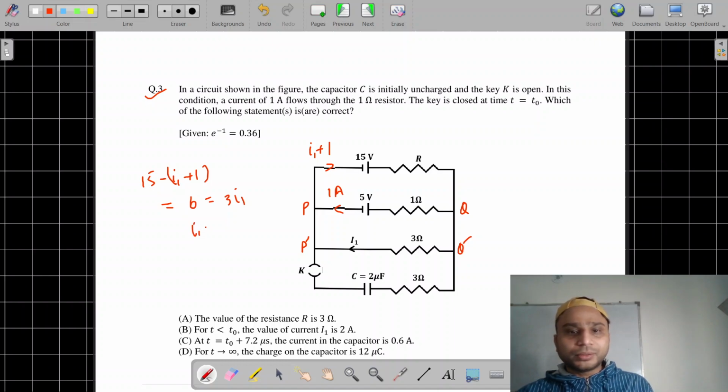So I1 is simply 2 amperes, and putting the value of I1 here we get 15 minus 3R equal to 6. So R becomes equal to 3. So option A is correct.